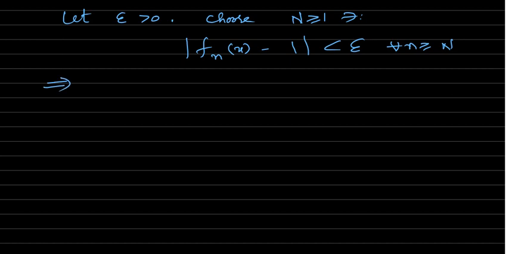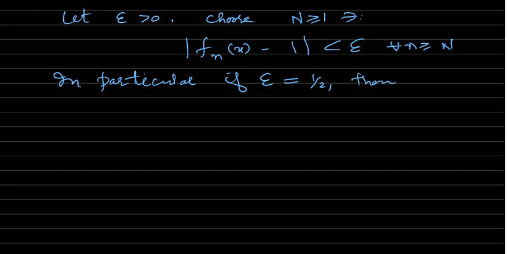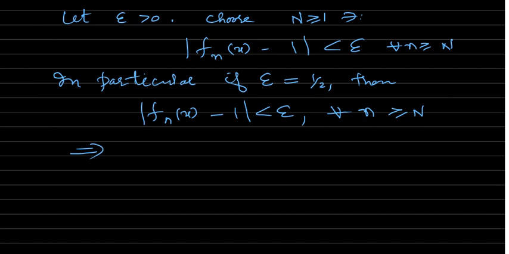So in particular, it's true if epsilon is equal to say 1 by 2. In particular, because it's true for each epsilon positive, with epsilon 1 by 2, then mod of fn x minus 1 is less than epsilon for all n greater or equal to capital N. I can find this capital N, and this means in particular that mod of fn x minus 1 is less than 1 by 2 here now because epsilon was chosen 1 by 2.